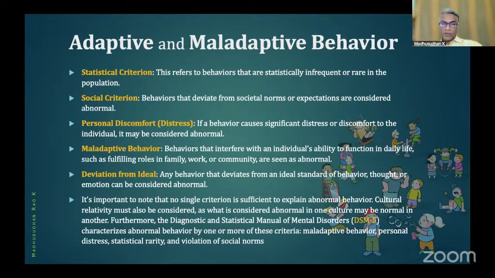Furthermore, the Diagnostic and Statistical Manual of Mental Disorders, DSM-5, characterizes abnormal behavior by one or more of these criteria: maladaptive behavior, personal distress, statistical rarity, and violation of social norms. One or more of these criteria mentioned in the DSM, right? Then only you can say that. And there are other sets of rules also. If that particular rule is satisfied, then only you can call it abnormal.